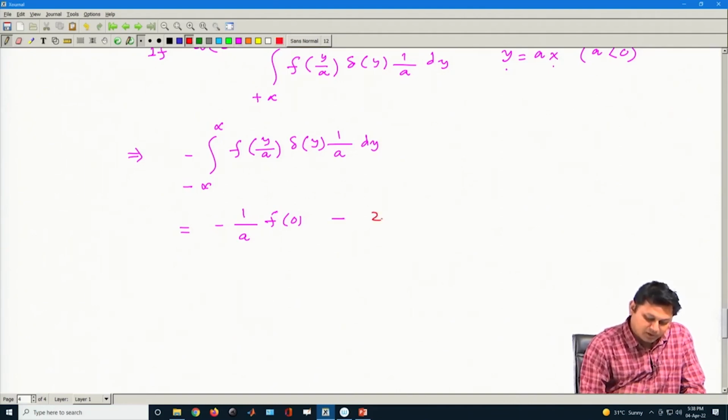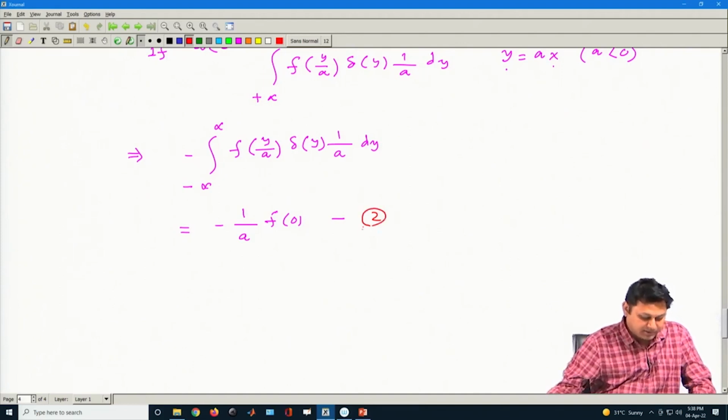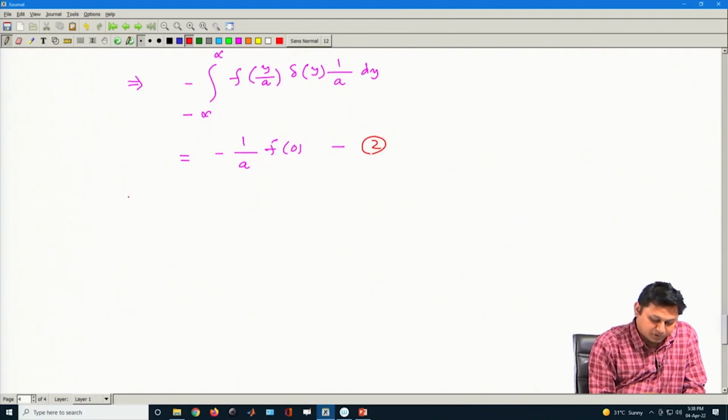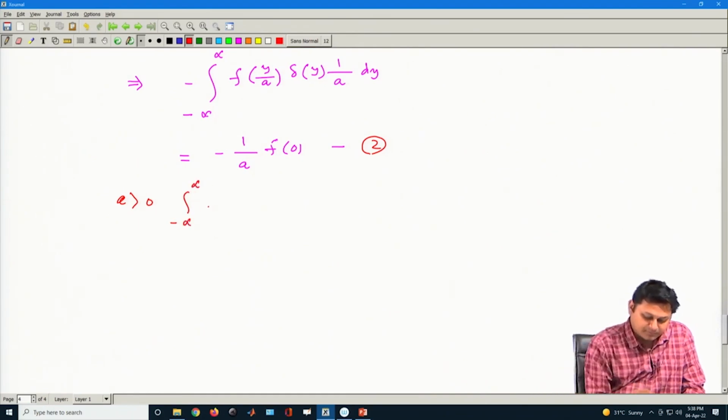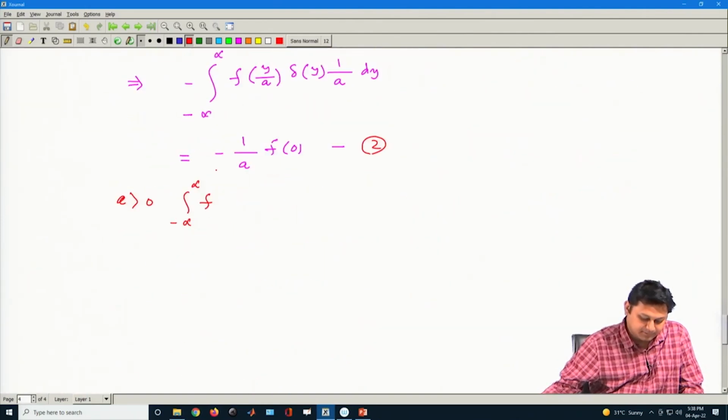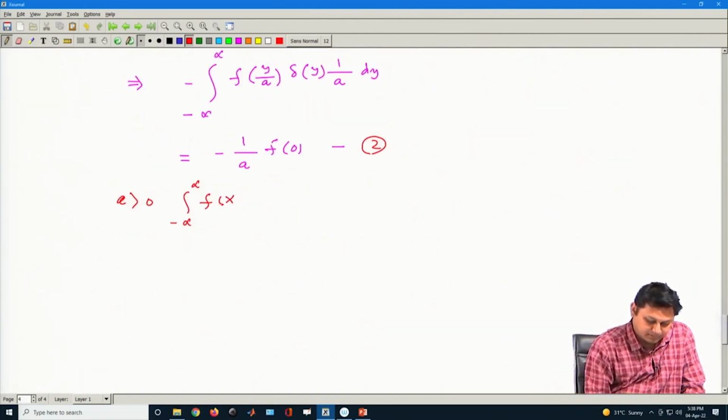So, now if I tally equation 1 and equation 2, then you can see that for a greater than 0, I have the integration minus infinity to infinity f of x and then delta of ax is equal to the value 1 by a f of 0, that value we had.